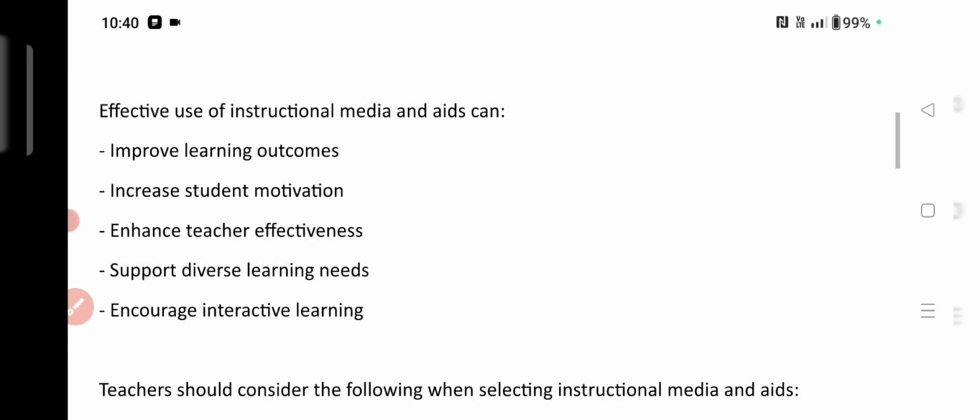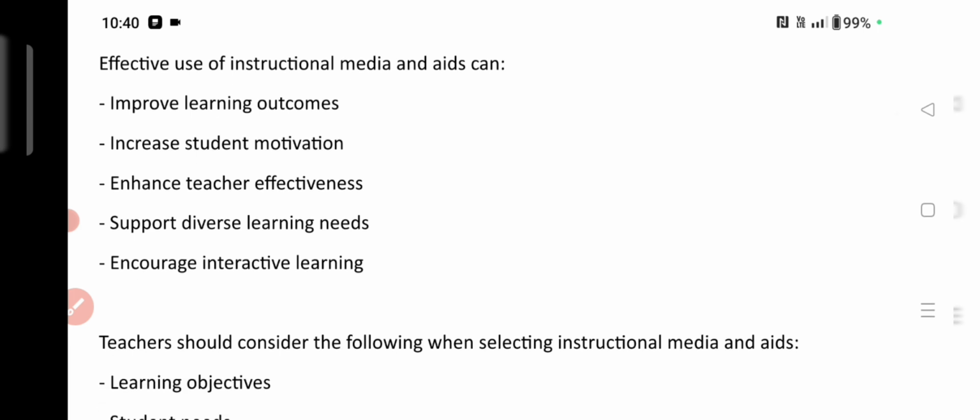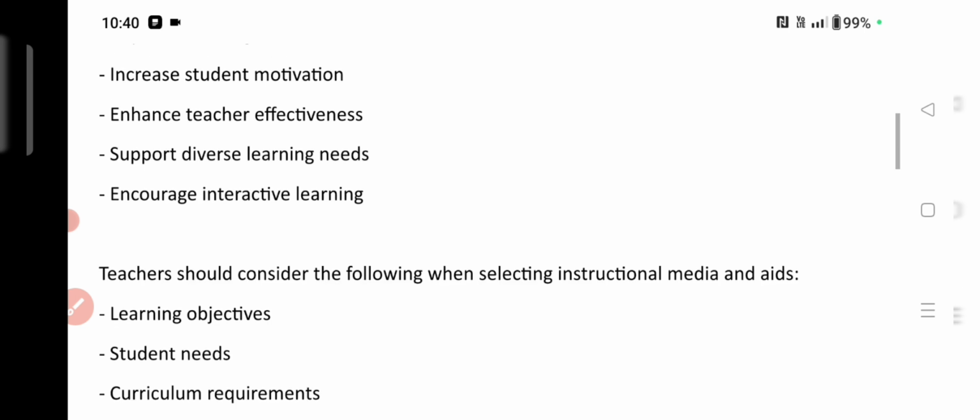So coming to the effective use of instructional media, these instructional media mean improved learning outcomes, increased student motivation, enhanced teacher effectiveness, support for diverse learning needs and encouraging interactive learning.